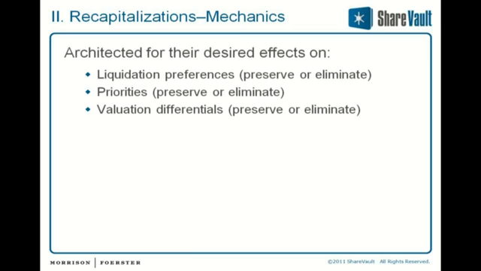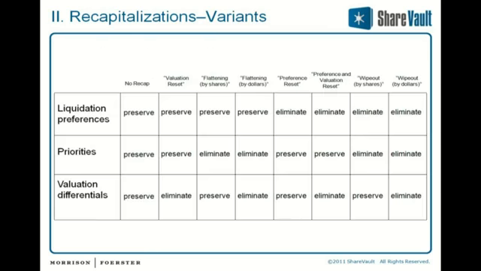Now this next eye chart here shows you, if you accept the proposition that recapitalizations are structured around those three axes that I described, you've got 2 cubed, or 8, different possibilities. You're either preserving or eliminating each one of these attributes. On the far left-hand column, if you preserve liq prefs, priorities, and valuation differentials, you don't have a recap at all.